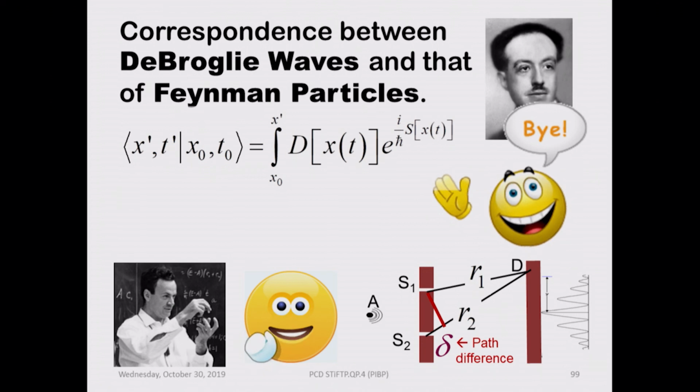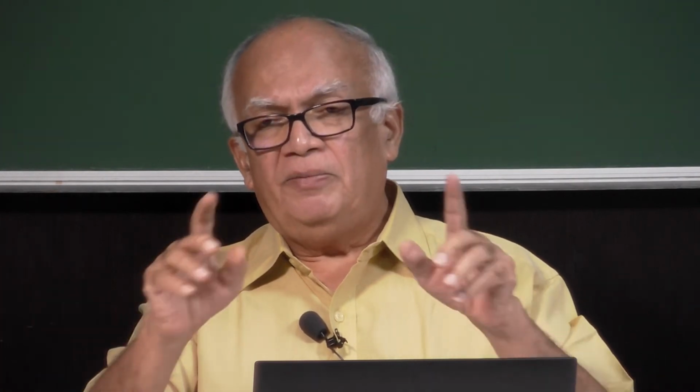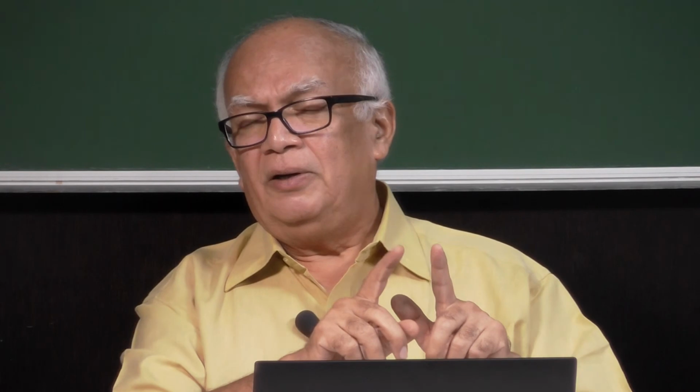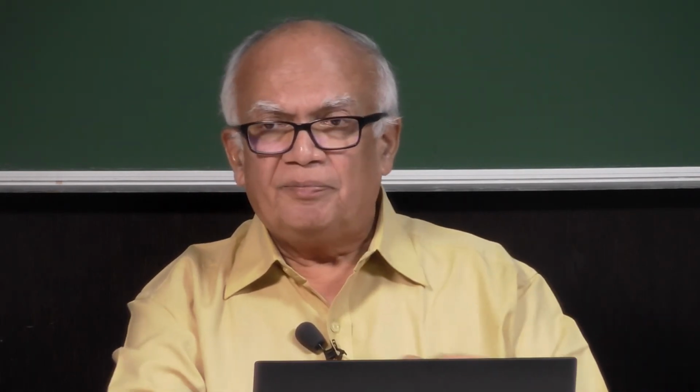Whereas in the Feynman path integral approach, you also have a phase, which is e to the i theta, but this is a phase which has nothing to do with a wave. It is coming from the e to the i theta factor in the Feynman path integral propagator. Thank you.